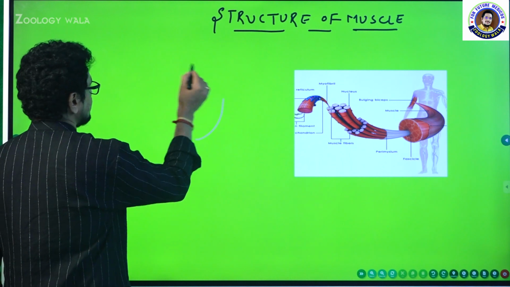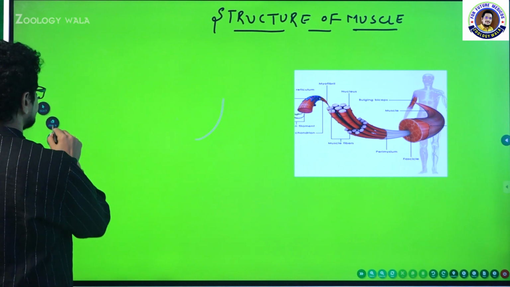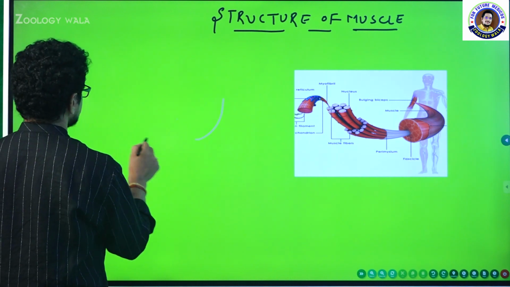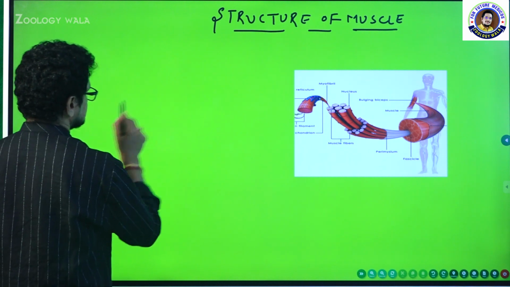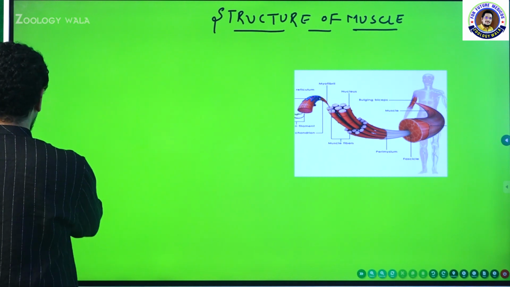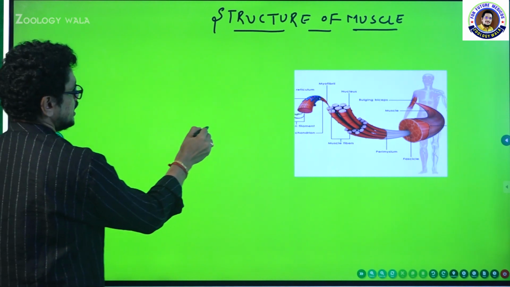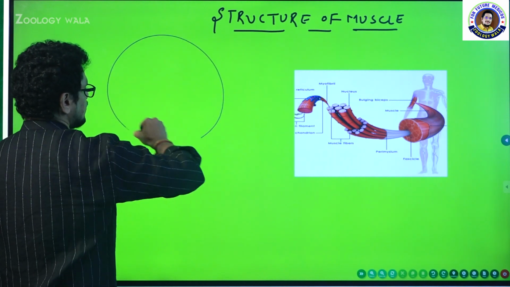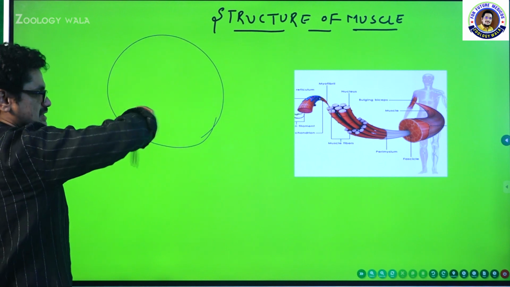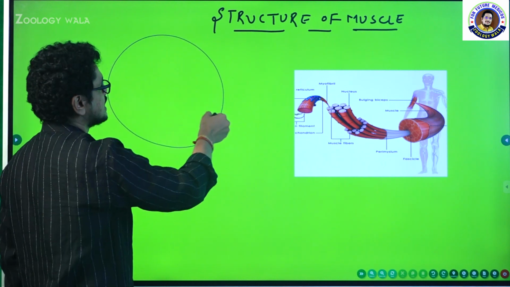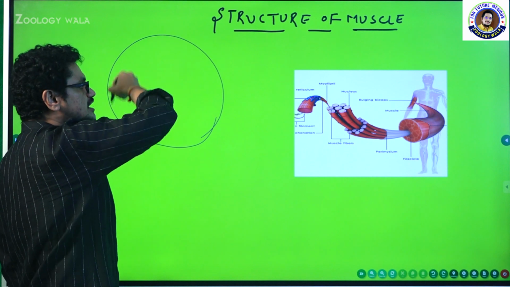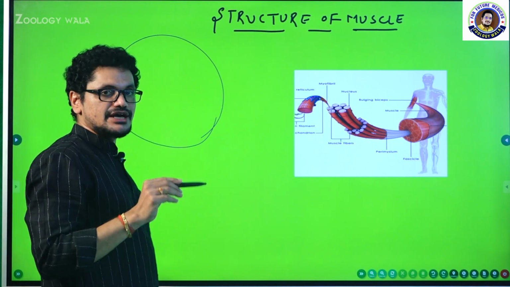I will take another color so that it will become very clear to all of you. Imagine this is an outer layer of the muscle. The entire muscle is covered by a layer, and what is that layer?